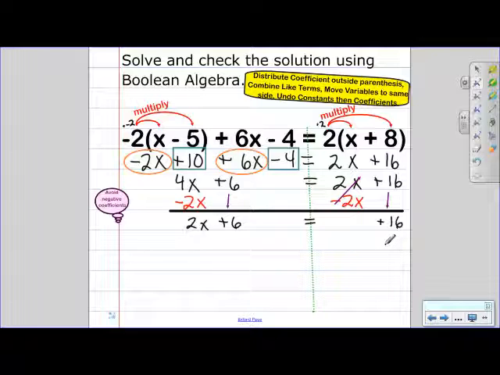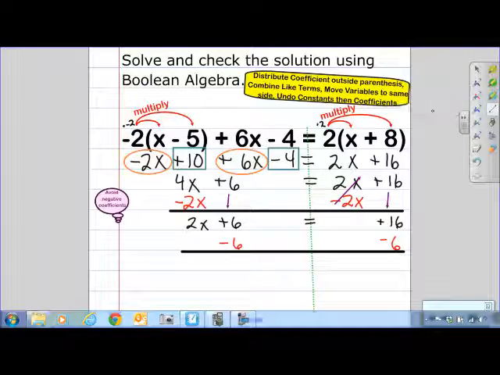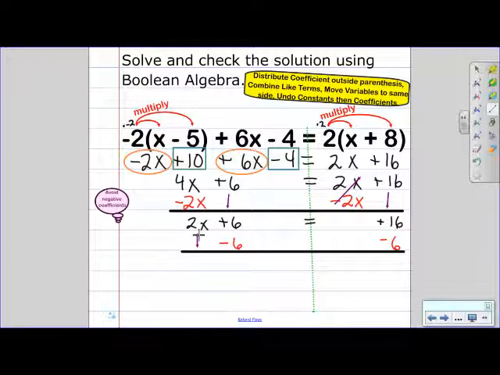Okay, so now I need to undo my constant, which would be the +6. So since I have a +6, or adding 6, I need to subtract 6 from both sides. I'm going to be bringing down my 2x.